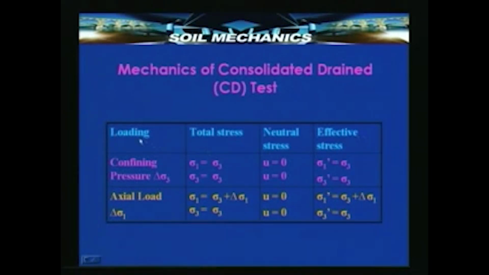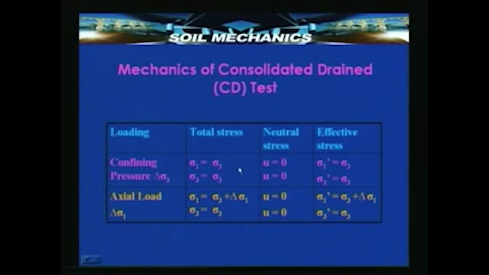The first stage of loading is application of the confining pressure. Let us call this delta sigma 3. When a pressure delta sigma 3 is applied horizontally, or since we are applying a fixed value of confining pressure, we may as well call it sigma 3 and not an incremental stress delta sigma 3.